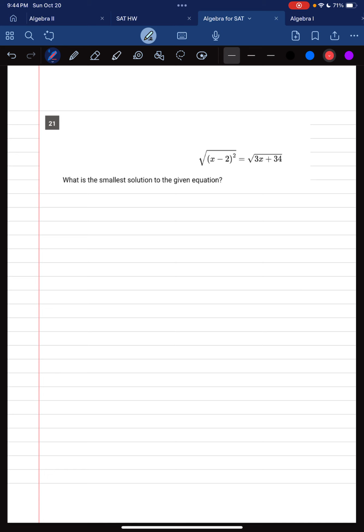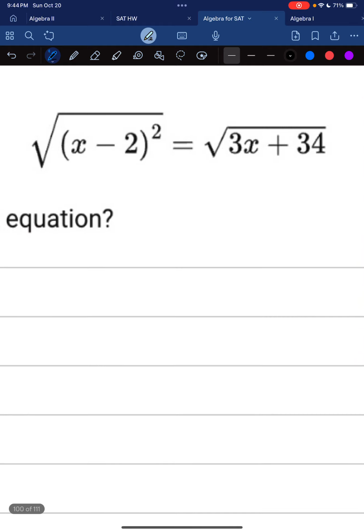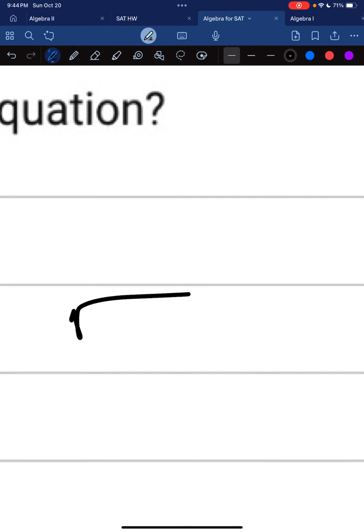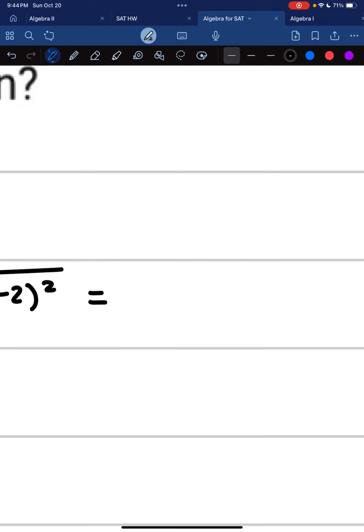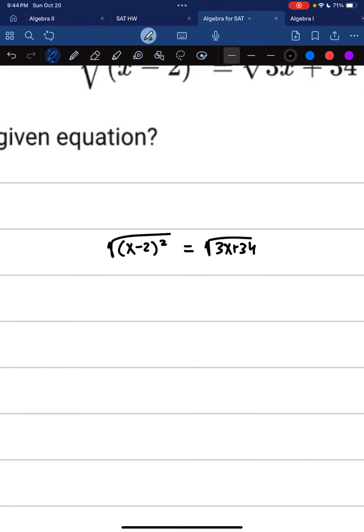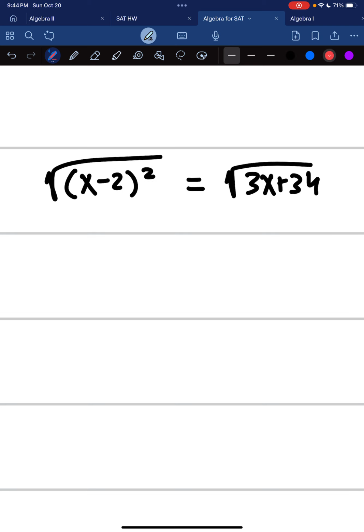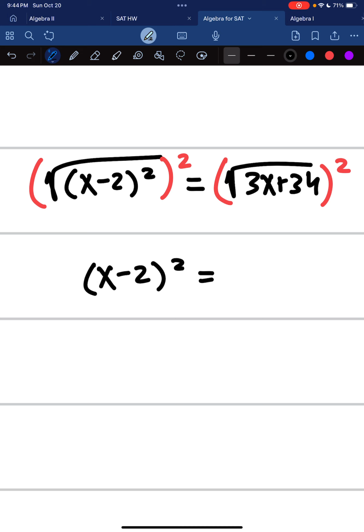Okay, now let's take a look at an example problem for this from an SAT practice test. So this one says, what is the smallest solution to the given equation? So we have the square root of (x minus 2) squared is equal to the square root of 3x plus 34. So, like always, we're going to start off by squaring both sides to get rid of the radicals, and we end up with (x minus 2) squared equals 3x plus 34.